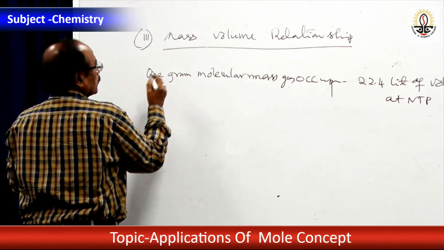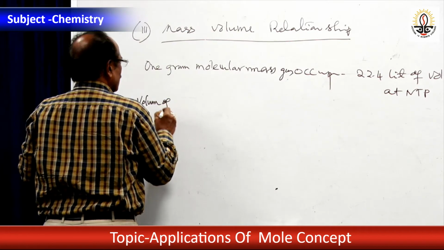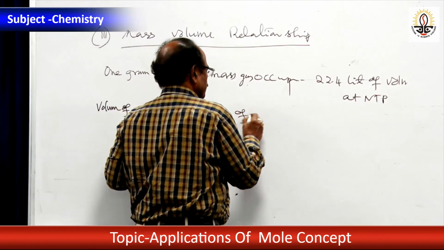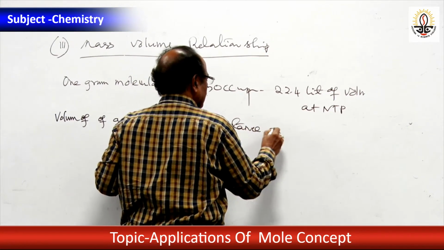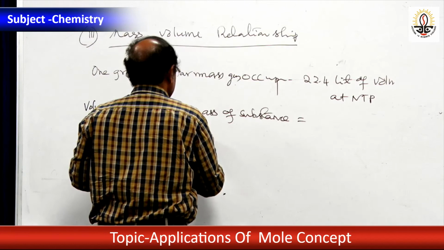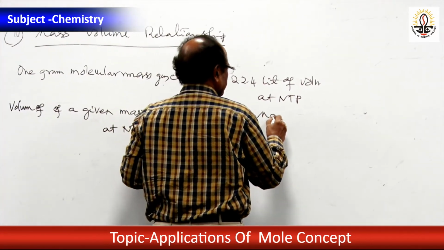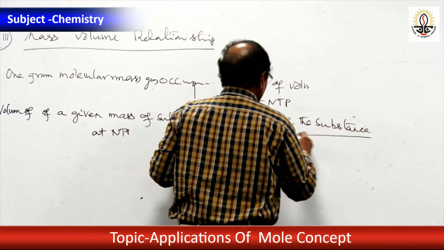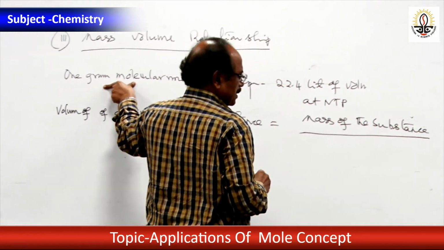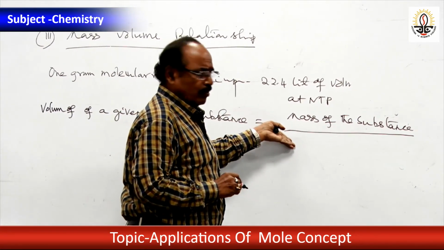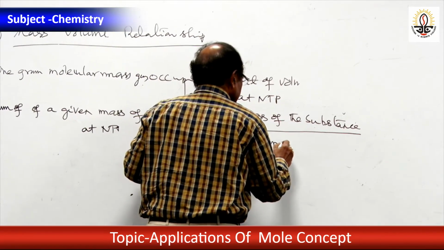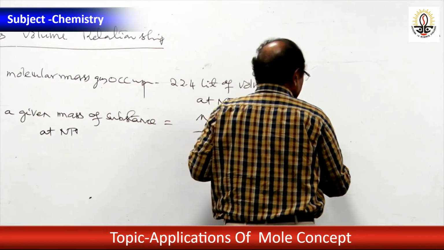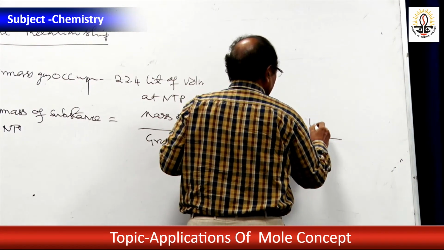So, the volume of a given mass of substance that we want to calculate at NTP will be: the mass of the substance is given, we divide it by the gram molecular mass, making it the number of moles, then multiply this by 22.4 liters.